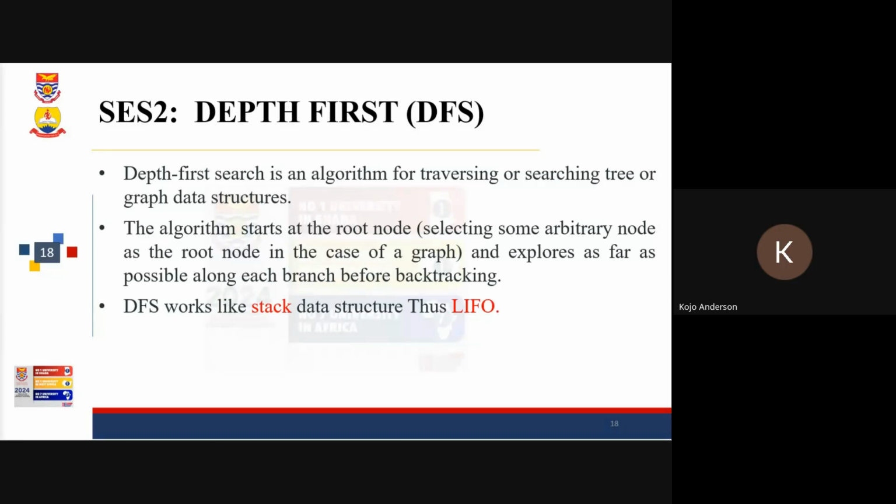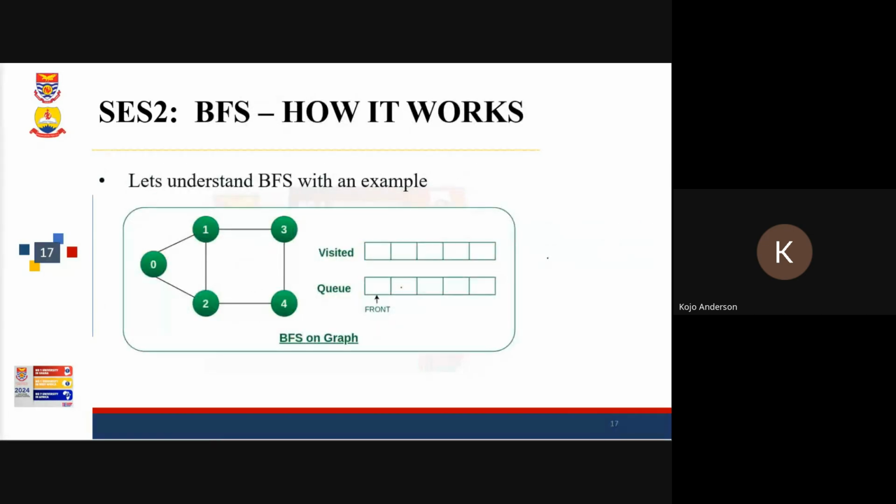Sir, please, can we still go further, or can we just finish on 6? Because what I have here is step 1, how BFS works. We have the open and close, which is empty. The open is empty and the close is also empty. So we move on to the second one, which is 0 for the open and, for close, 1 and 2.